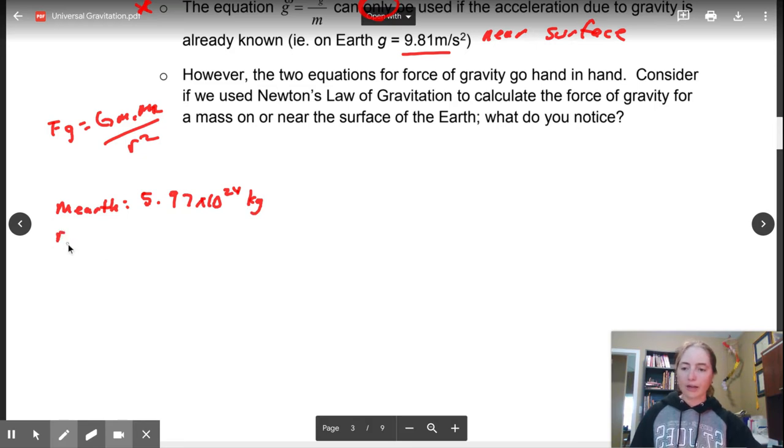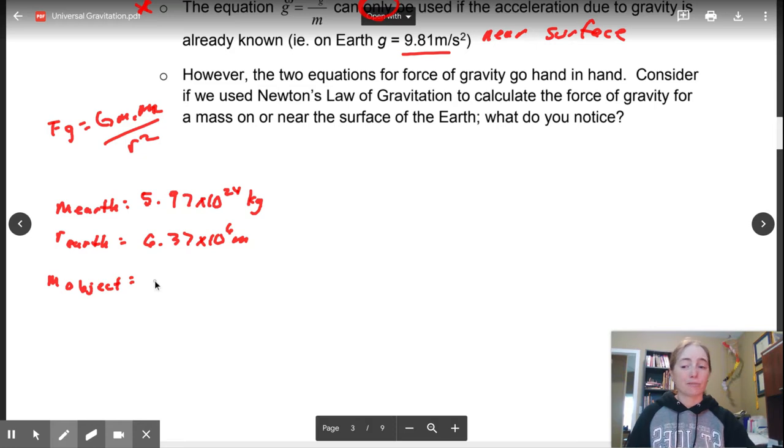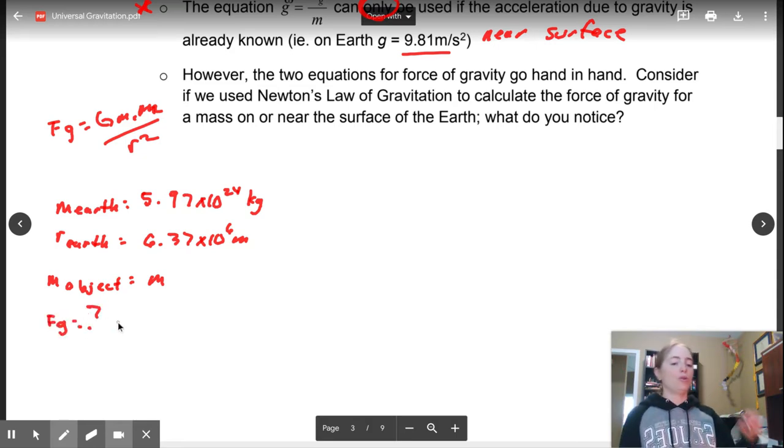And I'm going to have the radius of Earth, from the center of Earth to the surface of your Earth, once again, data sheet. So 6.37 times 10 to the power of 6 meters. And I'm just going to use m for the object, whatever object, it doesn't matter. I'm going to leave it as m, okay? And we are going to calculate the force of gravity on m at the surface of the Earth.